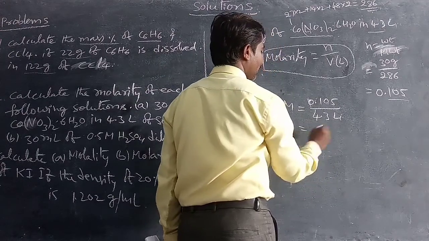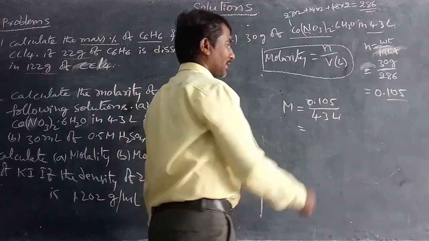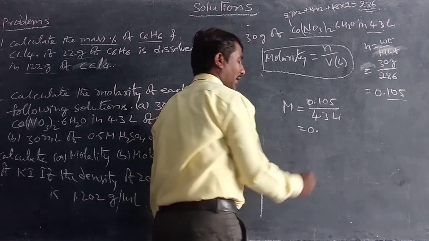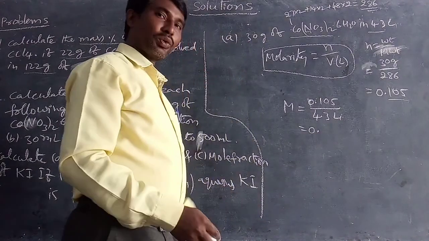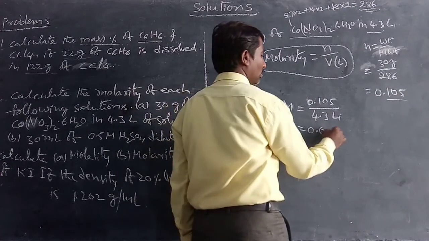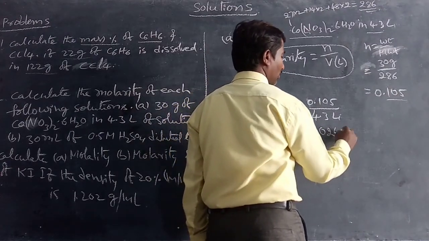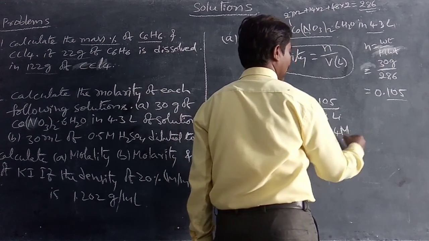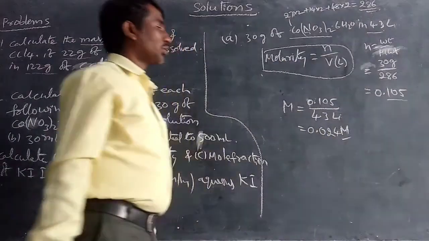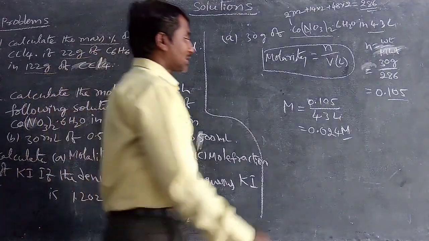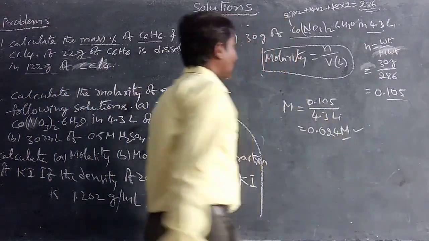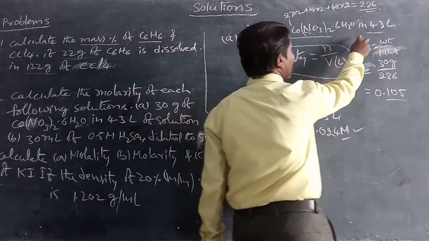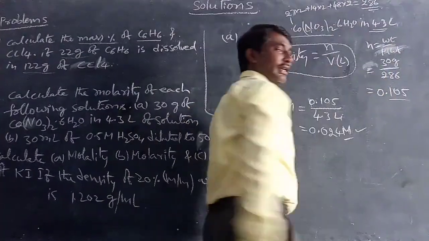That gives 0.024 moles per liter, or 0.024 M. So this is the molarity of 30 grams of Co(NO3)2·6H2O in 4.3 liters.